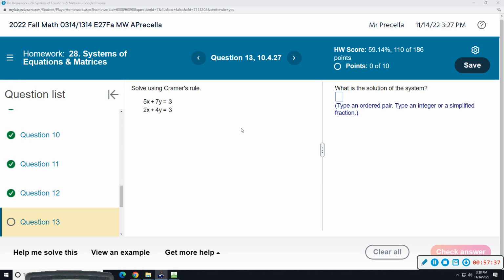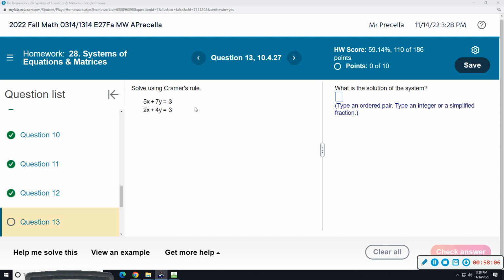Could you easily isolate one of those variables, or would you wind up having to divide and get fractions? I'm thinking you'd wind up having to divide. So I wouldn't do substitution, but I guess elimination wouldn't be that difficult if you made both of these numbers 10, one positive 10, one negative 10. But what I'm going to do is illustrate Cramer's rule. So let me write this down.